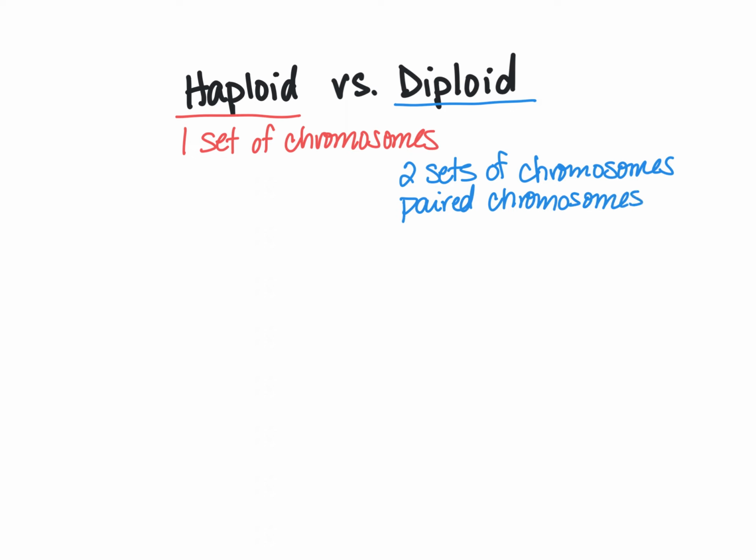And each chromosome in the pair is a homologous chromosome to the other one in the pair. So the pairs are homologous chromosomes. These homologous paired chromosomes come from sexual reproduction.